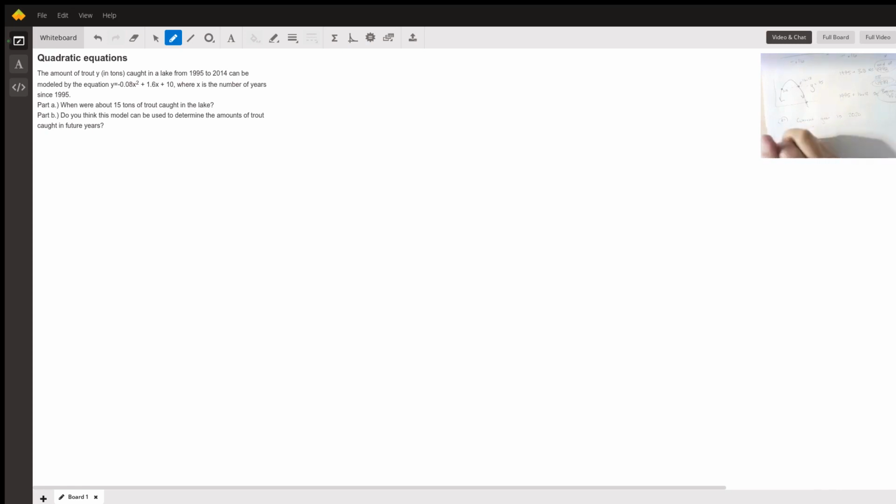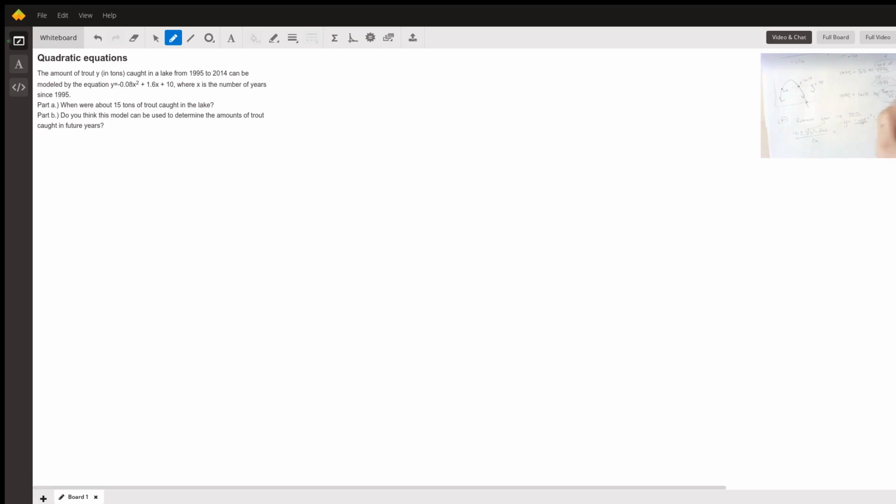And so again, I'm going to go through the process of my quadratic formula. Negative b plus or minus the square root of b squared minus 4ac, all over 2a. And then I'm going to plug in from the original equation: negative 0.08 x squared plus 1.6x plus 10. That's a, that's b, and that's c.